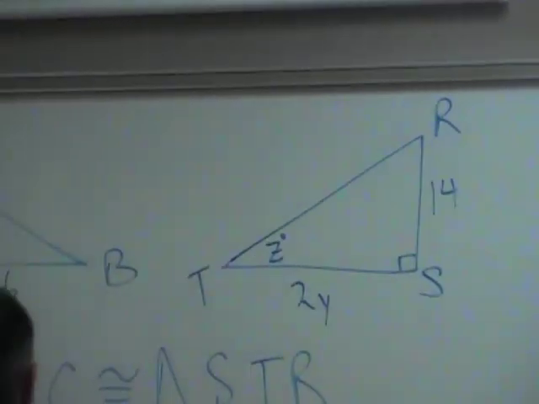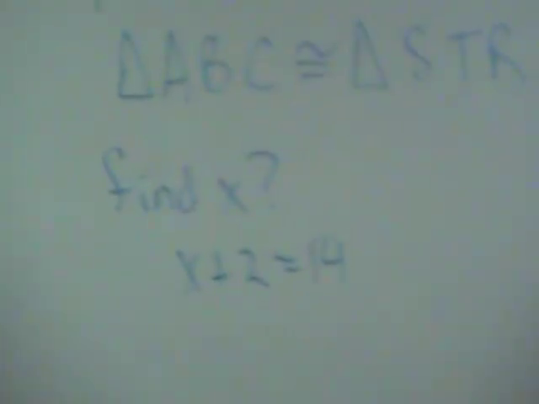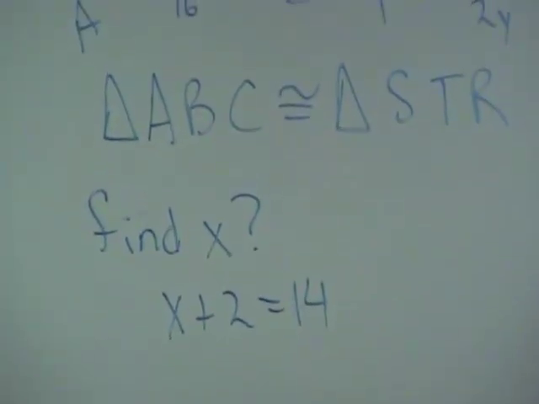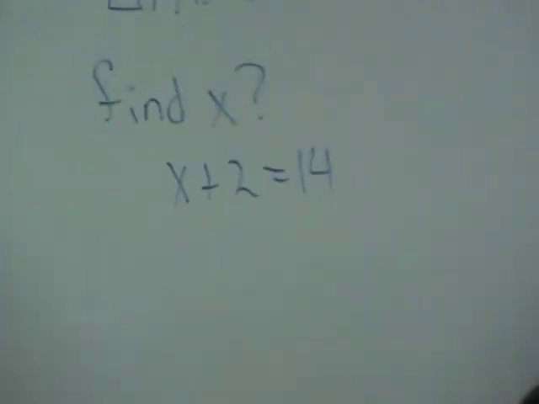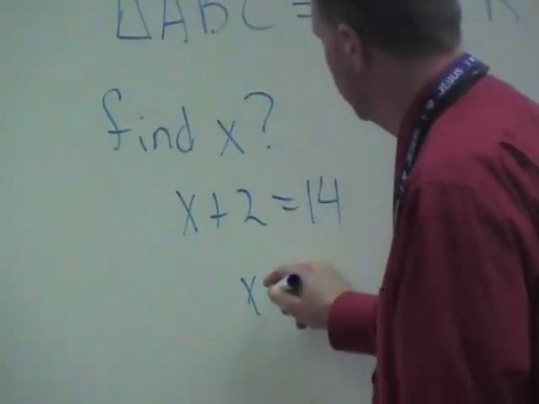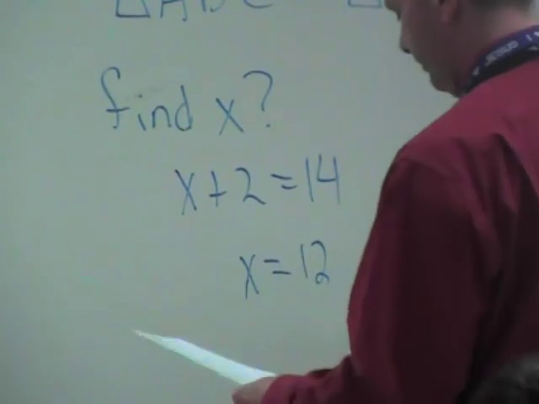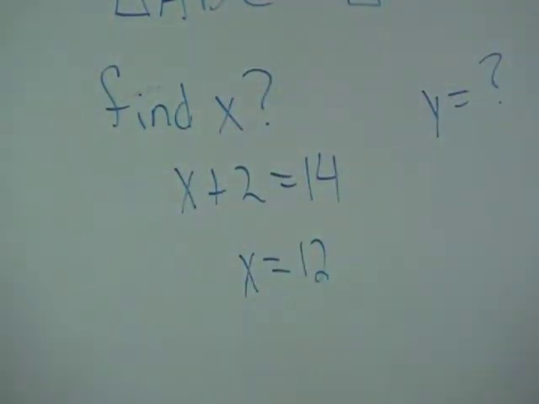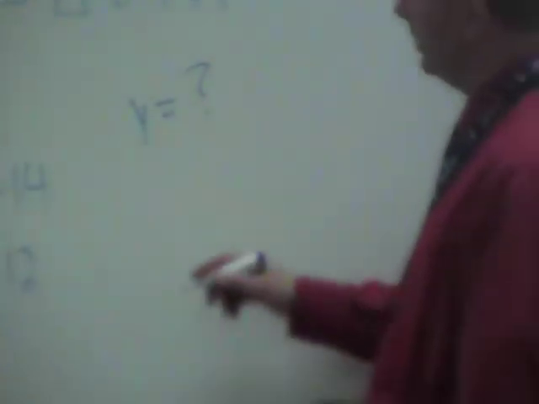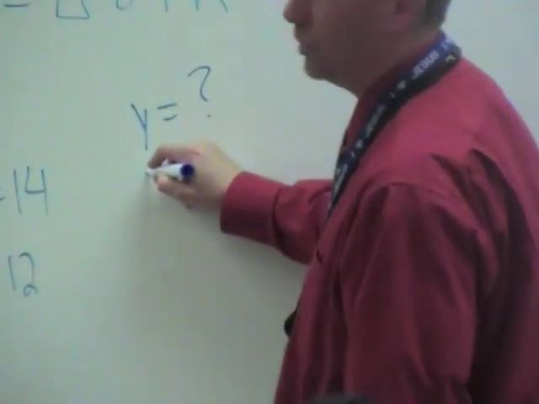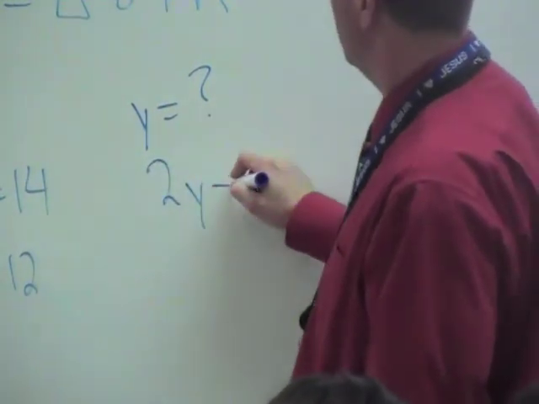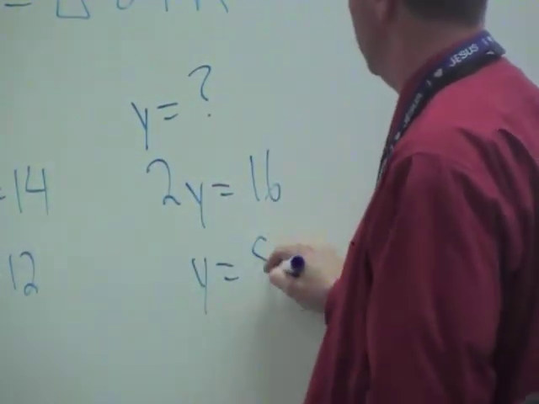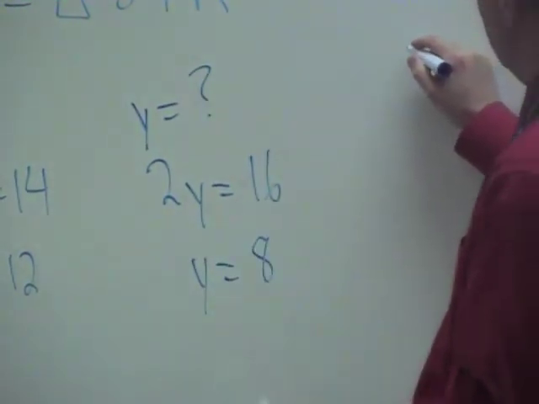So x plus 2 equals 14. Brianna, what's x? 12. Yeah. How do I find y? It's congruent to 16. What's your equation? 2y equals 16. 2y equals 16, so y equals 8. Good.